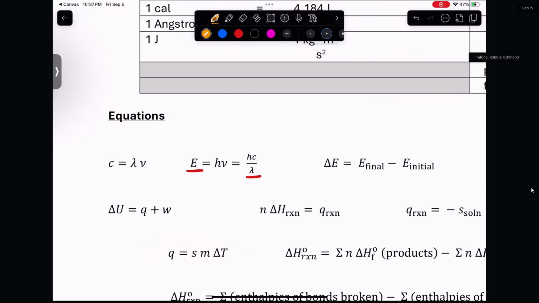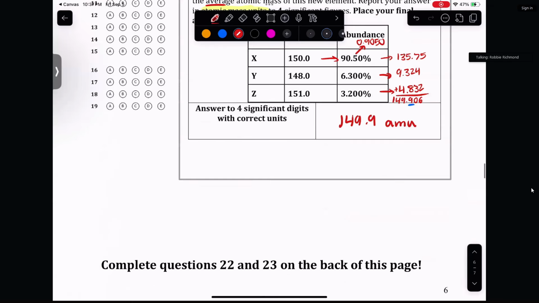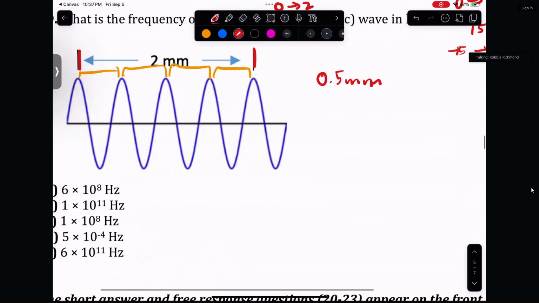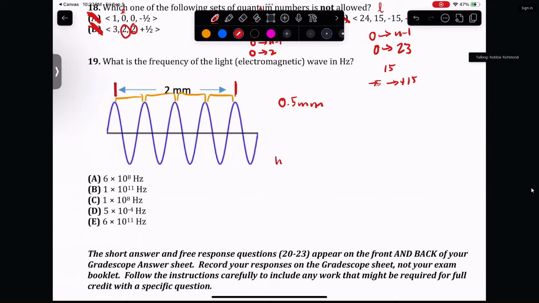I will use the relationship hv equals hc over lambda because it relates frequency and what we're looking for, wavelength. So hv equals hc divided by lambda. And before you even do this, let's cancel out.